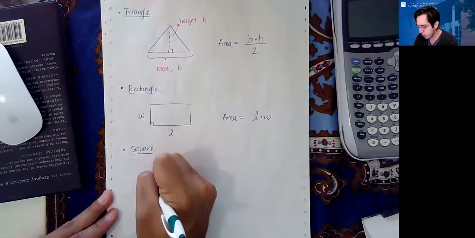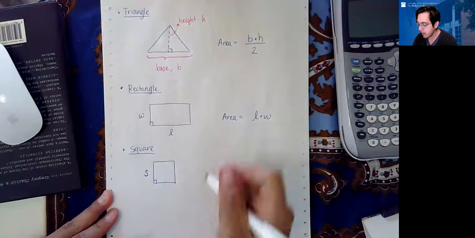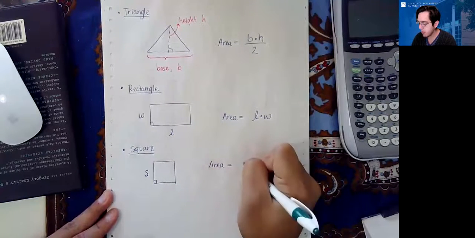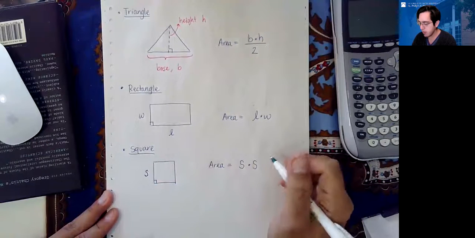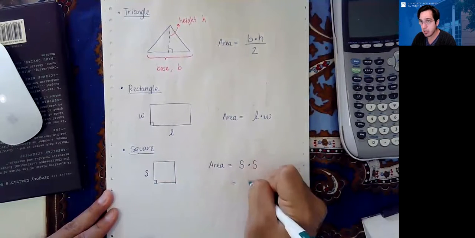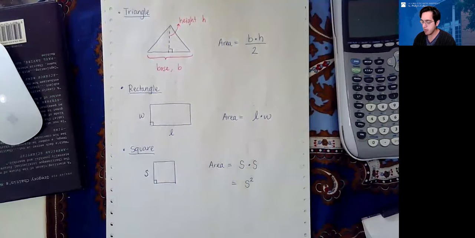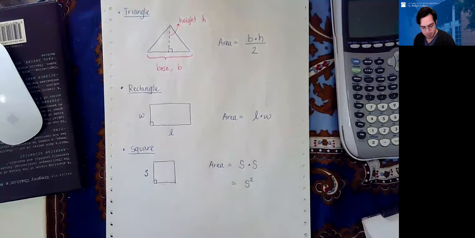So if I know one of the sides of the square, because it's a rectangle, then the area here should just be one of the sides times the other side, or we could think of that as exponents as the side squared. So one side times the other side, and you'll get that area.